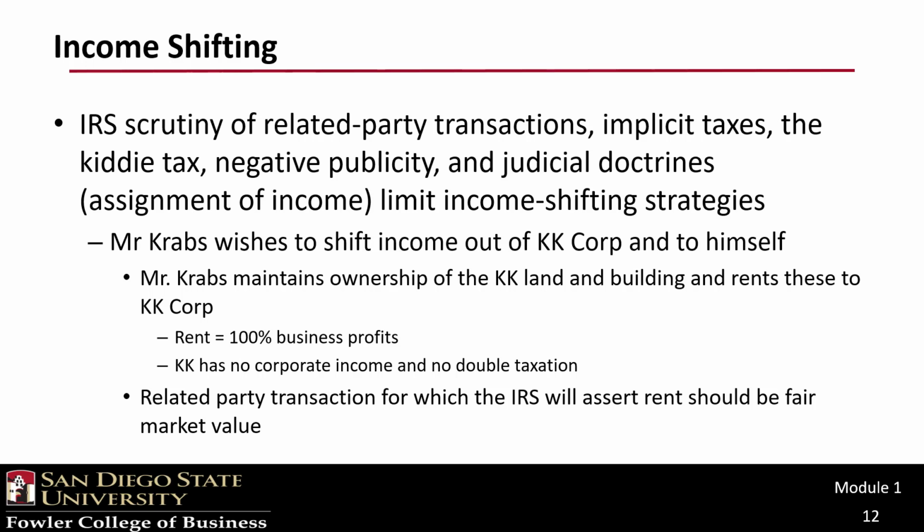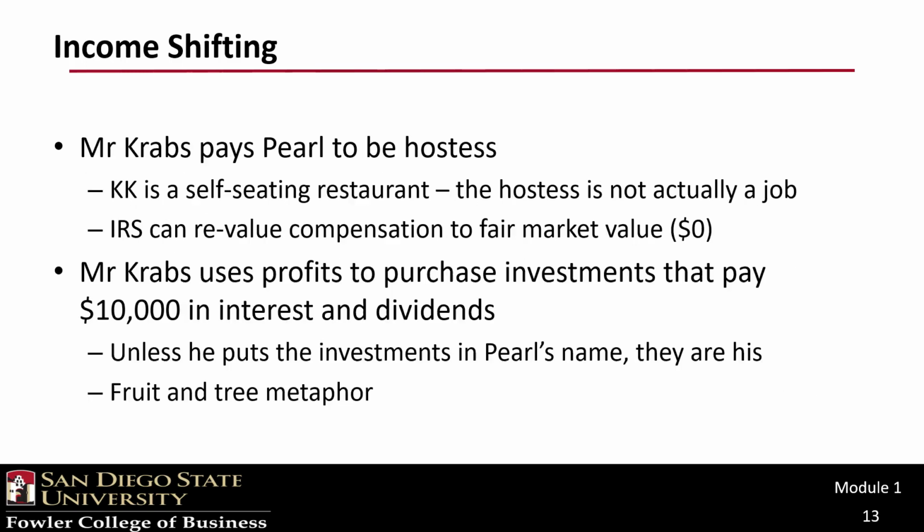So under the related party transactions, the IRS is likely to assert that rent should be stated at fair market value. And it seems unlikely that any business would agree that fair market value is 100% of the profits they generate from their business. So you can see that the scrutiny that the IRS can level against plans like this is appropriate.